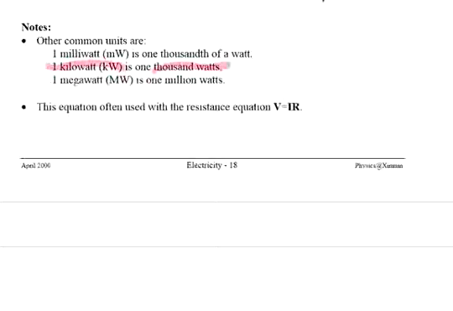This is normally used, very famous. And 1 megawatt is 1 million watt. This equation is often used with resistance: V is equal to IR. So this is the formula, V is equal to IR. Okay.